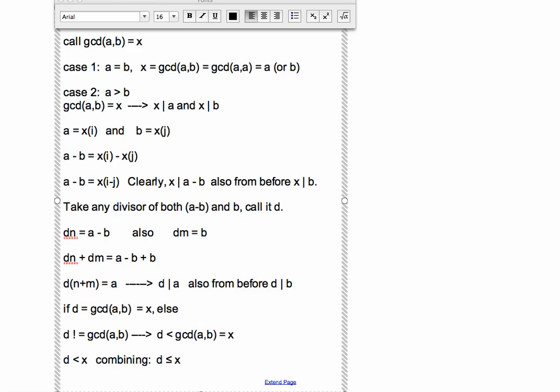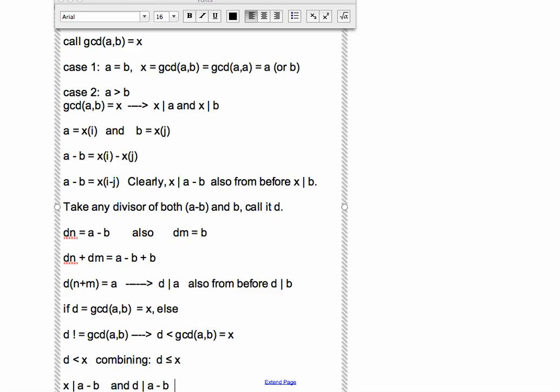Okay, we also know that X divides, we already established that X divides A minus B, and we know that D divides A minus B. Okay, but D is any divisor.